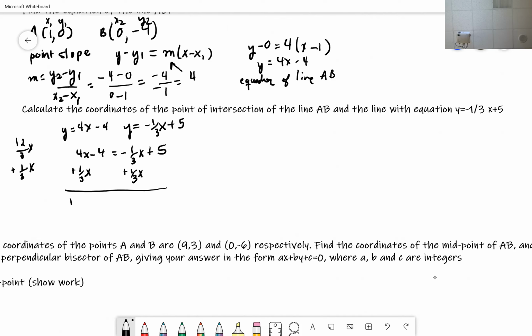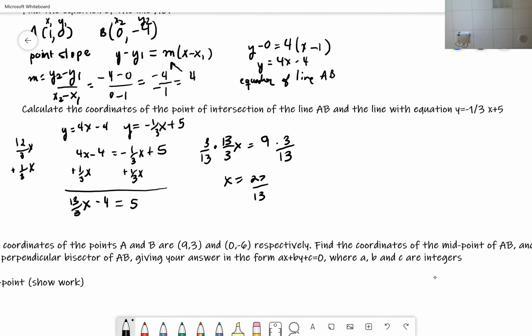That's going to be 13/3 x. 13 divided by 3. Minus 4 equals 5. And I'm going to go ahead and add the 4 over. So you're going to have 13 over 3 x equals 9. I'm going to go ahead and multiply by the reciprocal now, both sides. Really ugly number. So x equals 27 over 13.